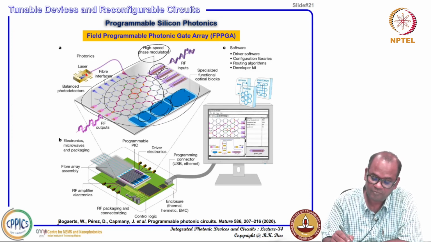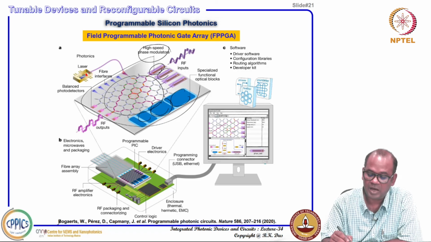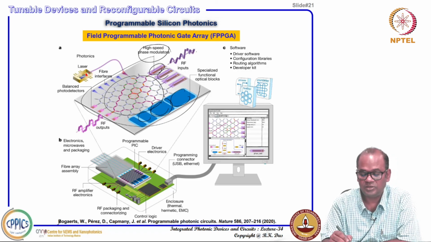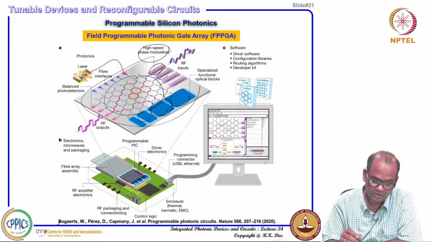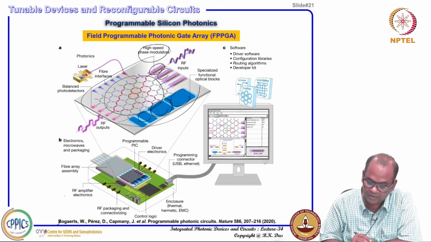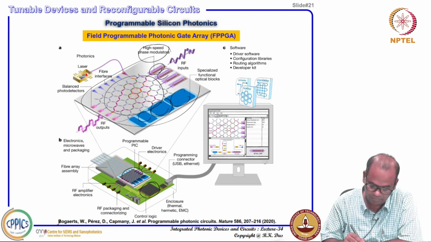So, your RF input, for example in this case, you have an RF signal coming, the RF signal is modulated with the optical signal, and then this can come as an input, and this input you can process with the optical signals, and all these TBUs, optical gates, can be controlled by electronics, right. That electronic circuit can be off chip. Here electronics is here, this is your FPGA, and the RF signal can come here, RF signal can be output here.